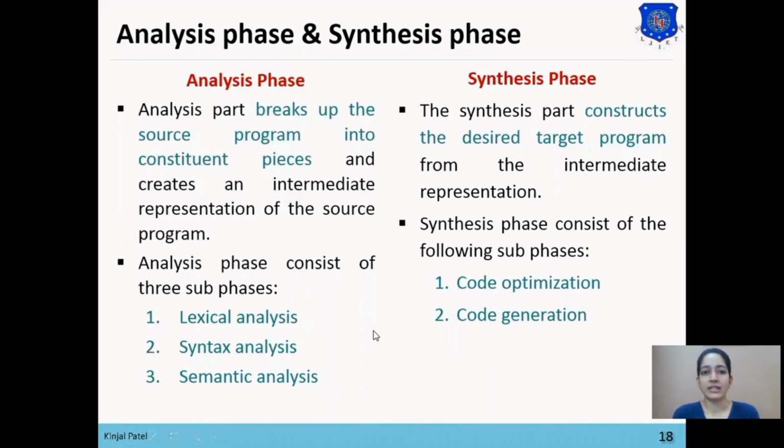So there are a total of six phases in analysis and synthesis. The first three are lexical, syntax, and semantic, and then the output of these three phases is stored in an intermediate representation, which is our fourth phase.